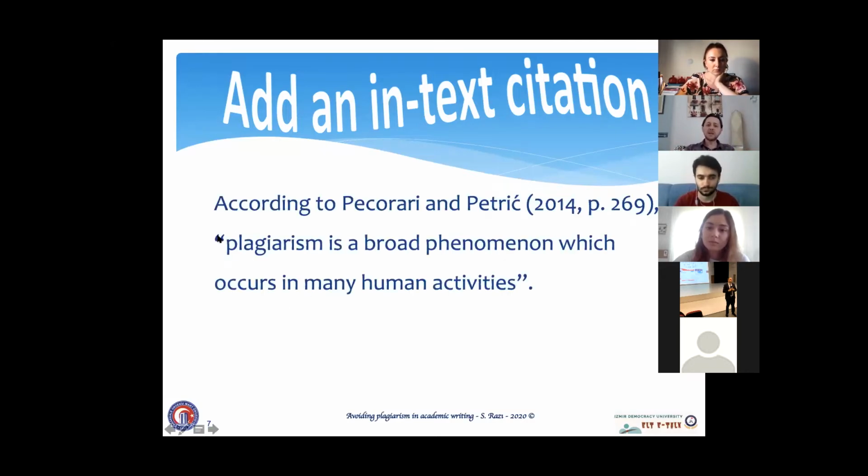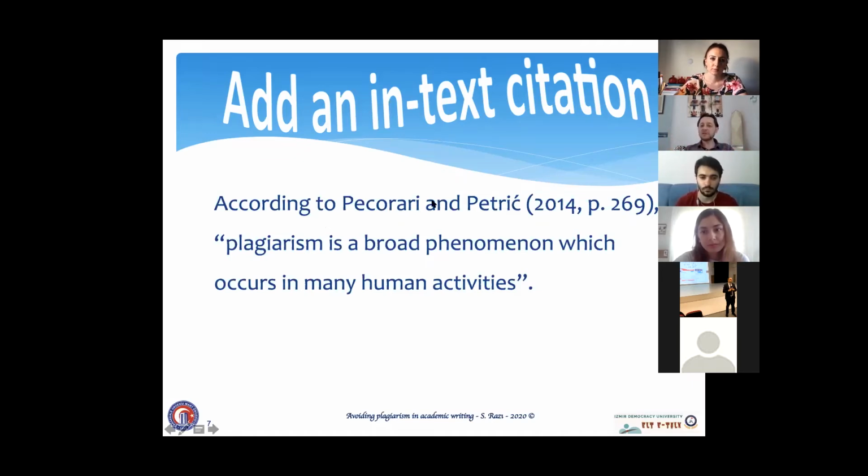So you see the double quotation marks showing here, indicating the quoted expression and the introduction part of this quoted expression. According to Pecorari and Patrick, in parentheses, I mentioned date of publication and page number. Now I tell my readers that I directly copied this expression from another source, and this is the basic information about this source.